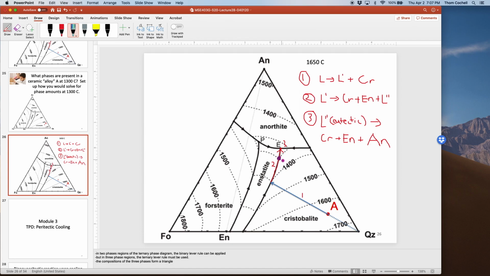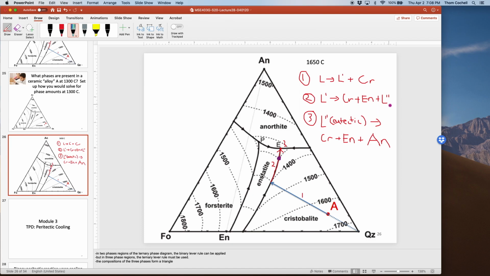And so this is our liquid composition at 1300. So also though, think about what else we have. Along this pathway, we are forming cristobalite, this En phase, and we still have liquid, right? So there's 3 phases in equilibrium, the Cr, En, and then a liquid.